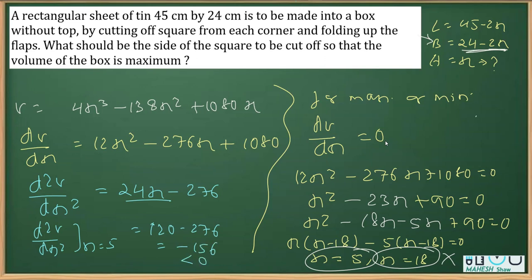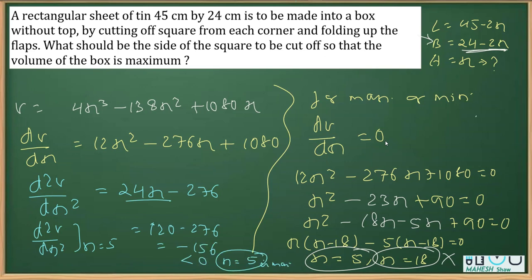So hence this is maxima by the second derivative test. We can say x equal to 5 is maxima.